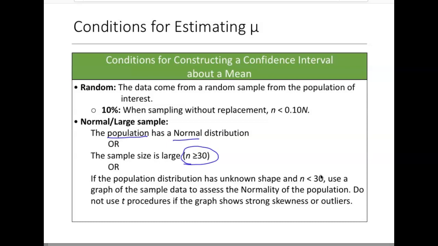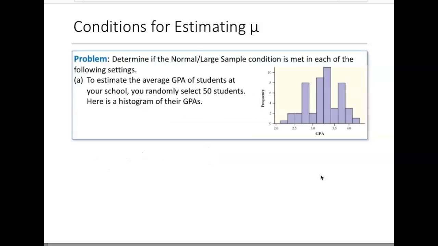All right, but let's practice checking conditions here. Determine if the normal/large counts condition is met in each of the following settings. So A, to estimate the average GPA of students at your school, you randomly select 50 students. Here's a histogram of their GPAs.